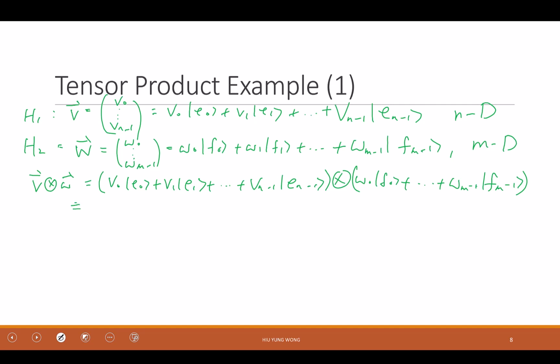First, I do V0 and W0. I say this is V0 W0, E0 F0. I did not write the tensor product symbol, but you know that it is tensor product.